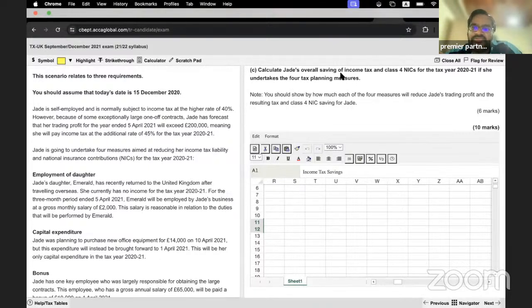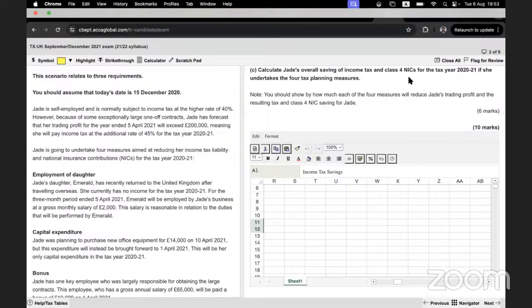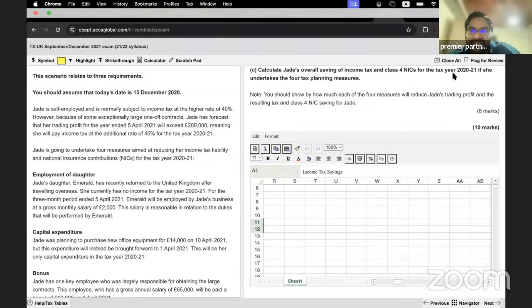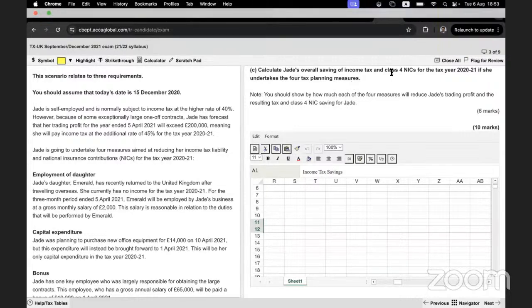Calculate Jade's overall savings of income tax and class 4 NICs for the tax year if she undertakes the 4 tax planning measures.